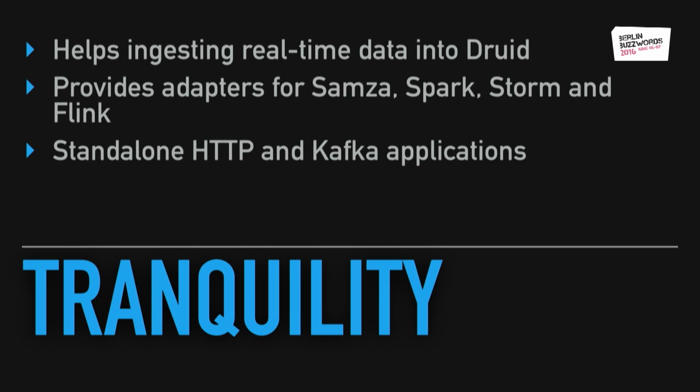And now it also contains a Flink adapter because we committed it to the project, but it was quite straightforward to do that. Now it also has a Flink sink that enables you to easily put your data into Druid. It also provides a standalone HTTP server or Kafka application that reads data from Kafka and puts it into Druid, but that doesn't matter for us.